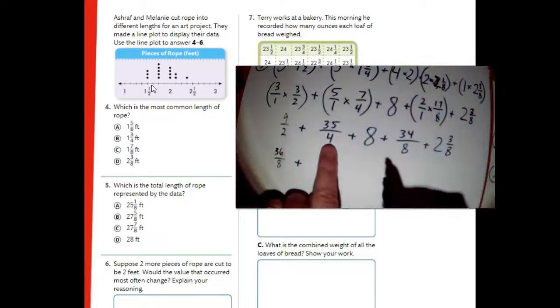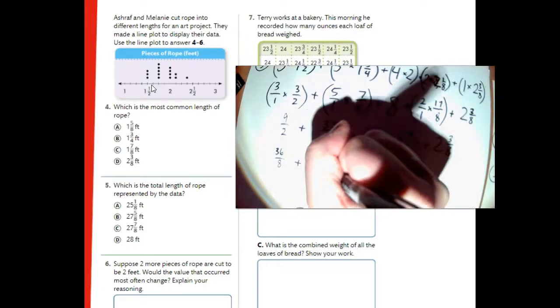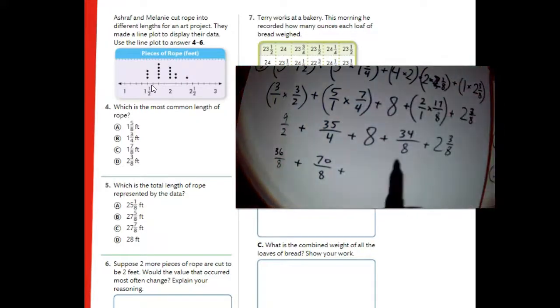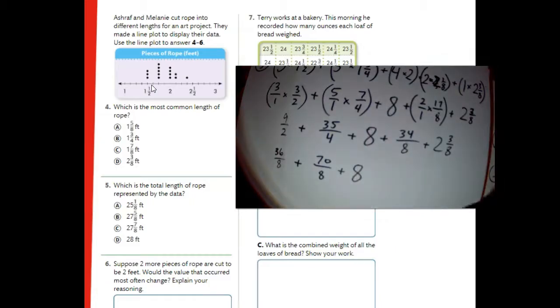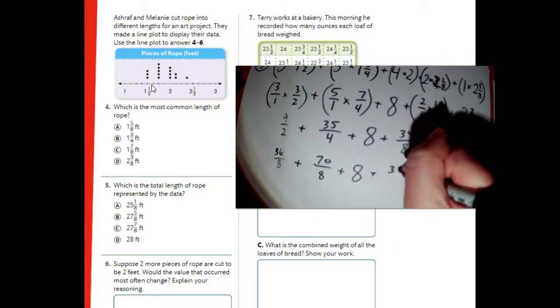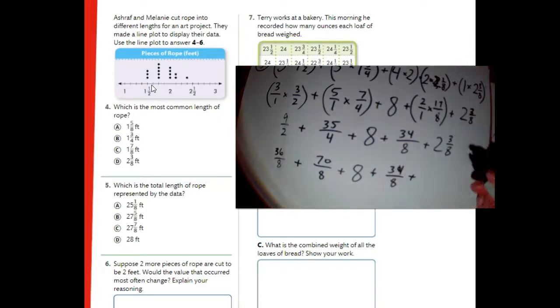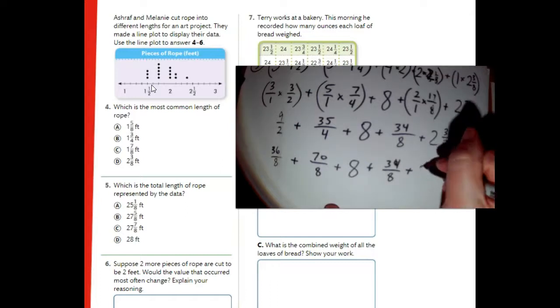And then here, since 4 times 2 equals 8, I'm going to take 35 times 2. That'd be 70 over 8. Just for the sake of argument here, I'm going to keep 8 as 8, and I'll add that on probably at the end. I already have 34/8. And I suppose I can keep that as 2 and 3/8.